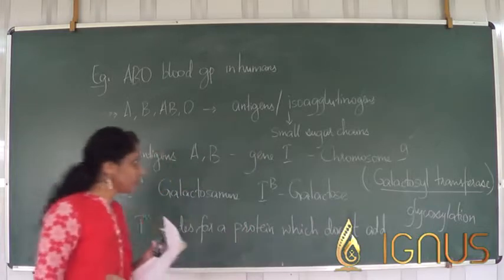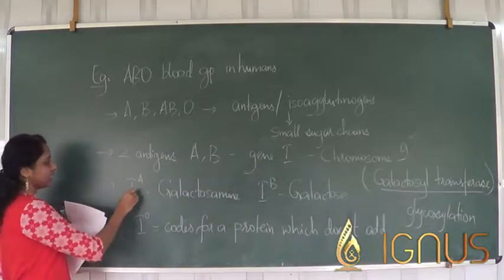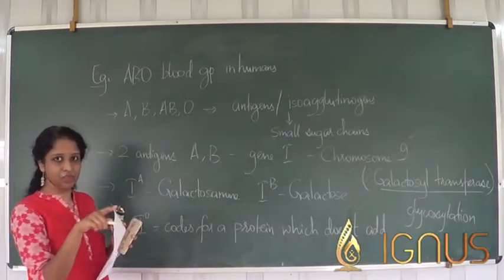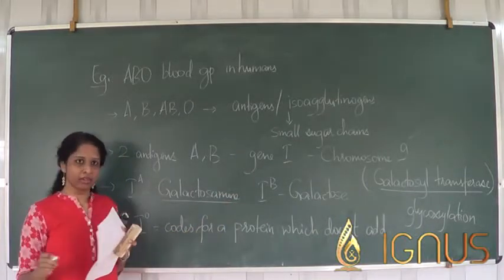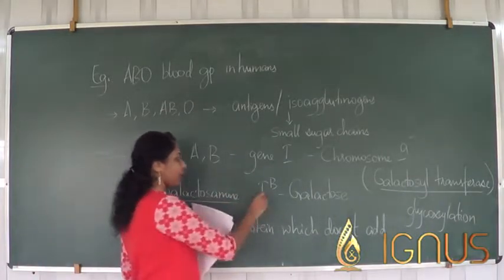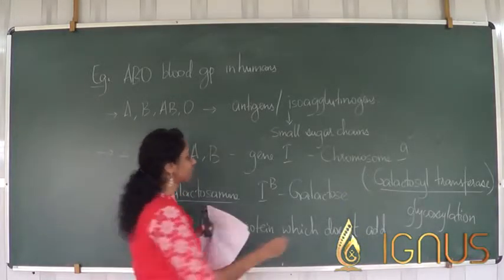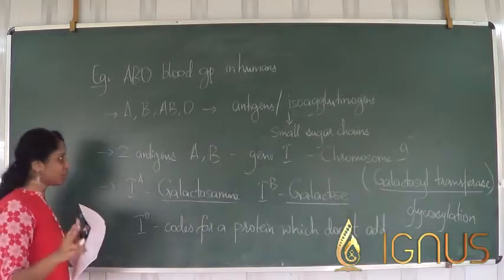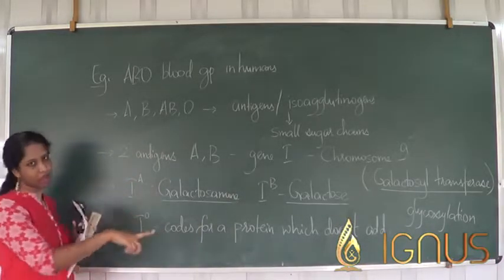glycosylation. Now, if the gene I is the gene IA, then it is coding for a galactosyl transferase which is going to transfer galactosamine. If it is the gene IB, then it is coding for a galactosyl transferase which is going to transfer galactose. So there are only 2 antigens, A and B, which are coded by IA and IB.